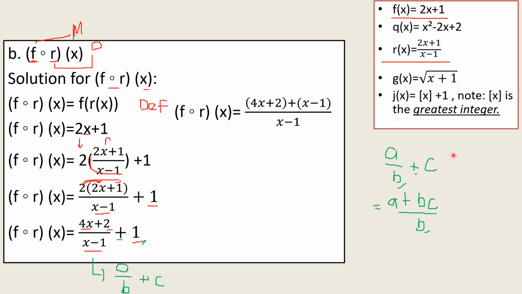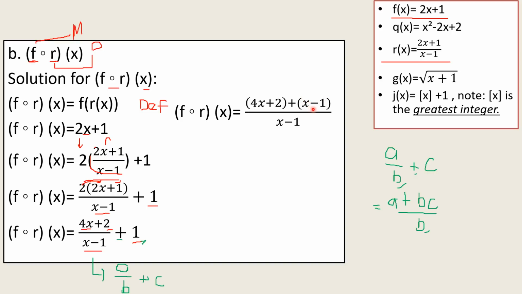Using this process, we combine the fraction and the whole number. The LCD x minus 1 divided by x minus 1 is 1, and 1 times 4x plus 2 is the first term, 4x plus 2. Then plus, because the operation is addition. Next, x minus 1 multiplied by 1 is x minus 1.